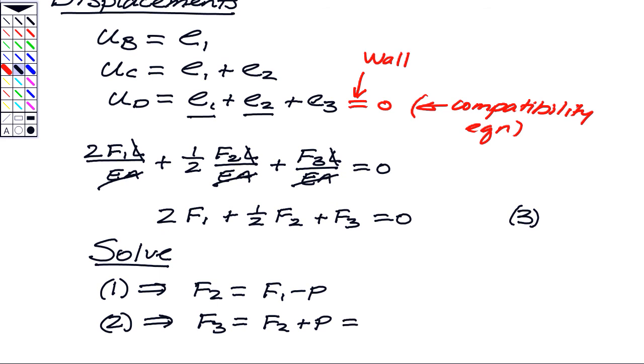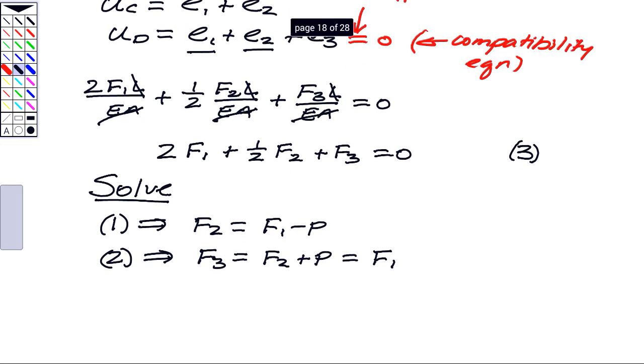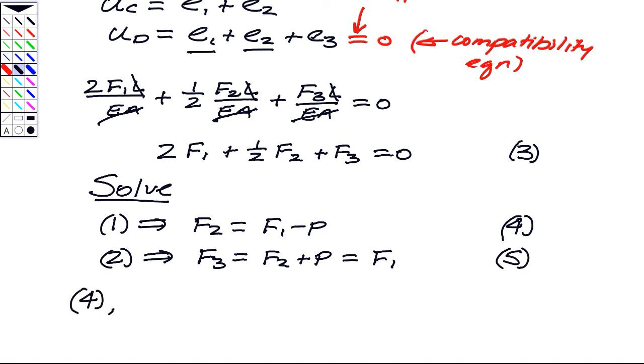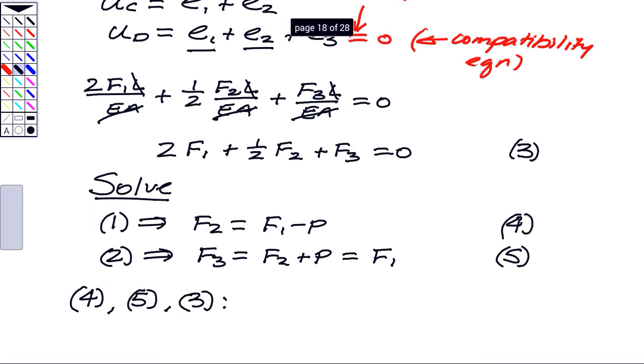This simply becomes F1, so F3 and F1 are the same. So these are equations 4 and 5, resulting from equation 1. Then I take equation 4, which I just found, 5, and 3, 3 being my compatibility equation.